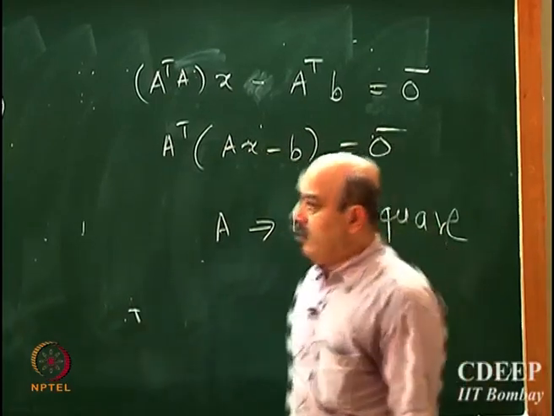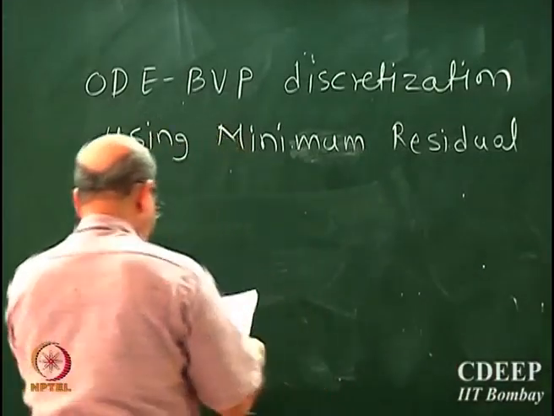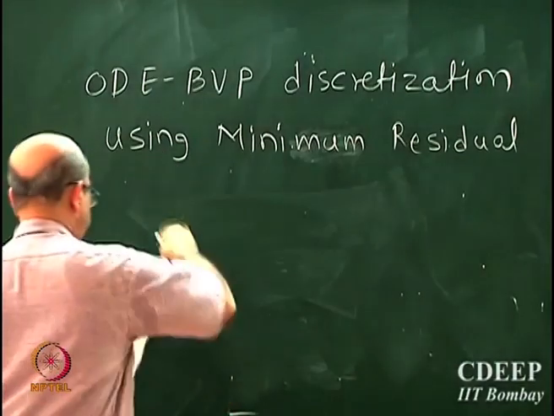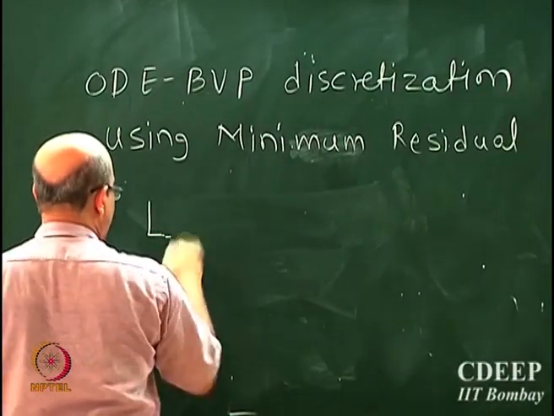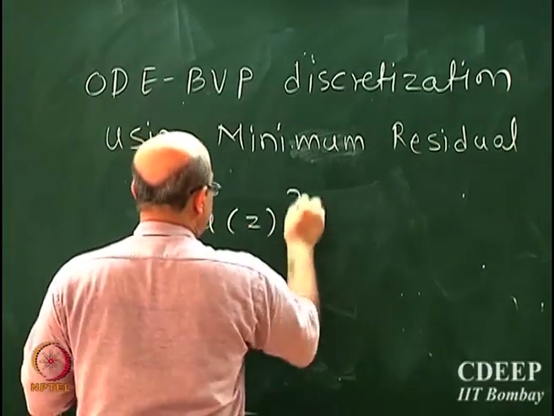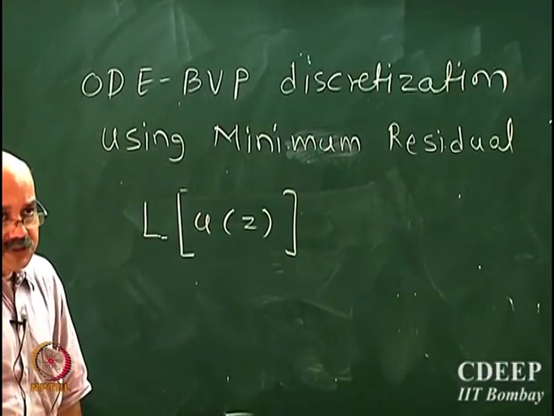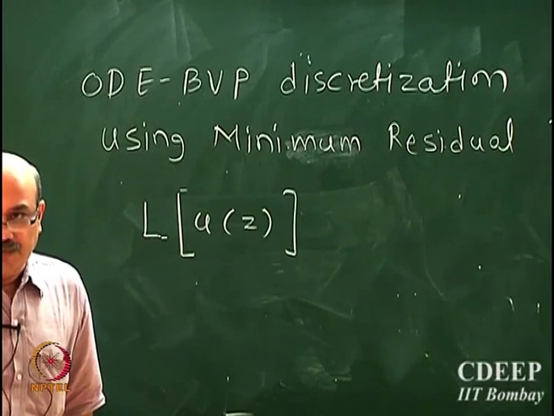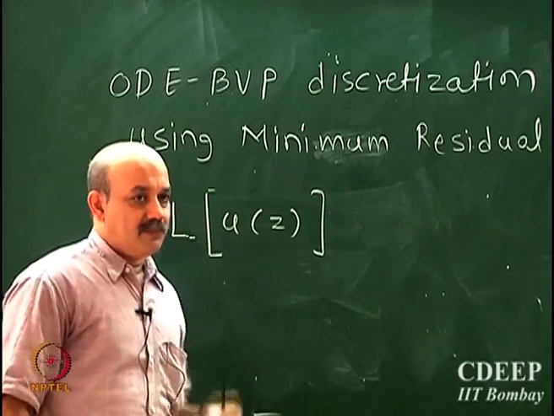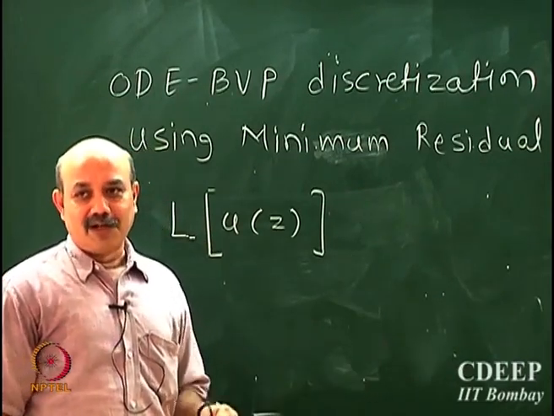So now let's move on to the boundary value problem. I want to consider a specific boundary value problem here. There is some operator L which is operating on u(z). I suppose now you are familiar with these kinds of things because most of you are attending the other course on mathematical methods, and you have looked at these kinds of problems, right?